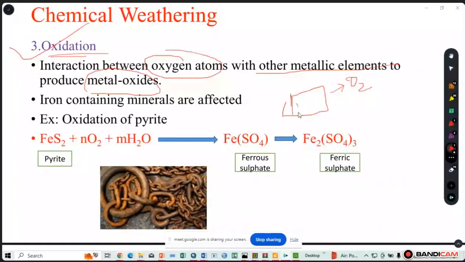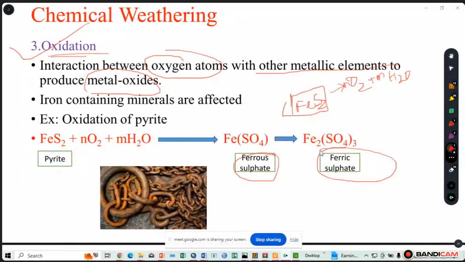Suppose this is pyrite, FeS2. When FeS2 comes in contact with n number of oxygen molecules along with m number of water molecules in the atmosphere, it develops ferrous sulfate and ferric sulfate.